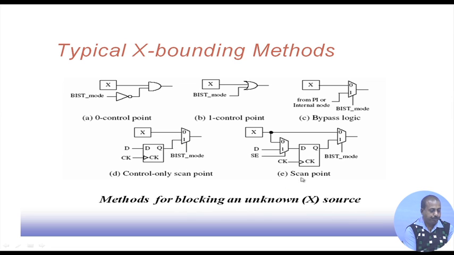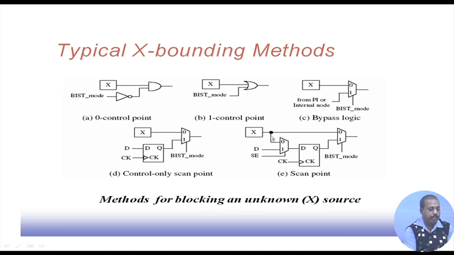Also, we can do it like this. Here, under this scan enable signal, this D input will come here. That is put into this flip flop, and now in the BIST mode this Q value will be available through this multiplexer to the output. In normal operation, this unknown source value comes here, and also this scan enable line will be 0.